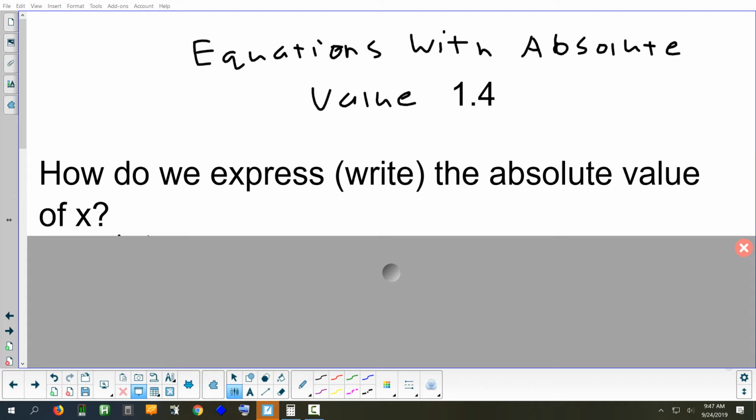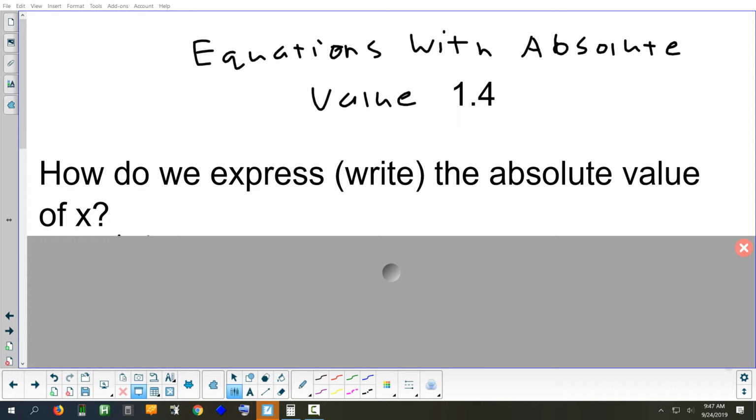So if you want to write absolute values, anybody remember the symbol? There's a special symbol we use in math for absolute value. Lucas? It's not kind of like a bracket, but it's like more square. Okay, it's simpler than a bracket.